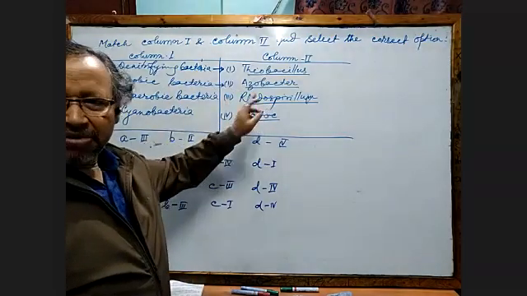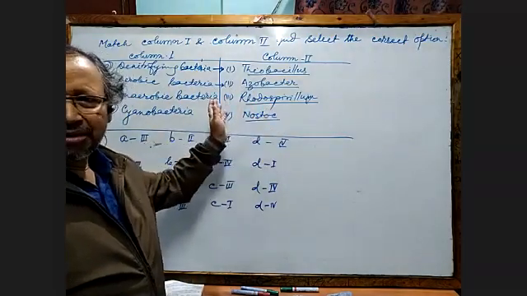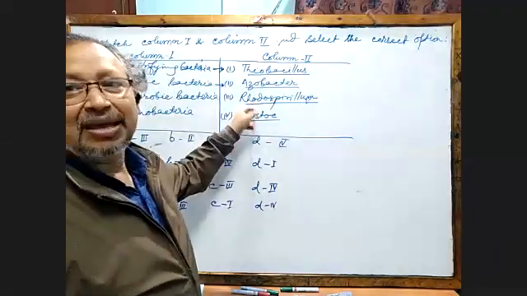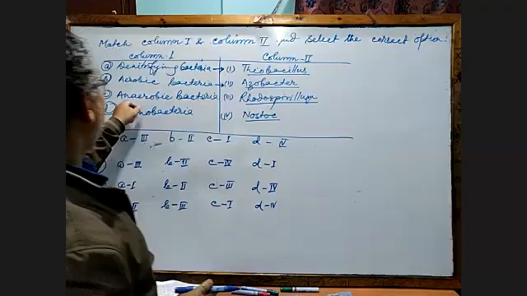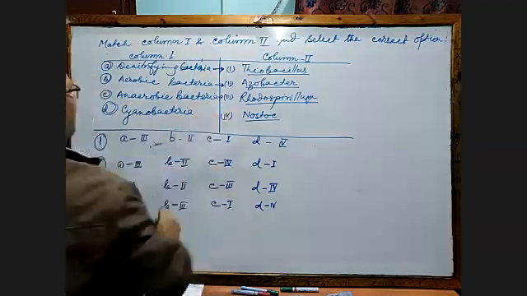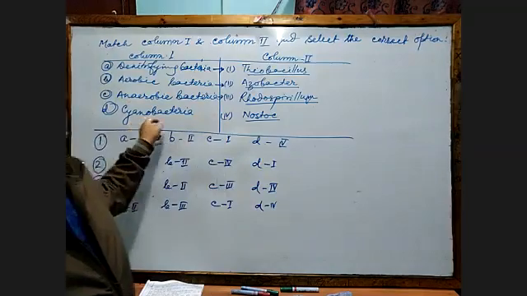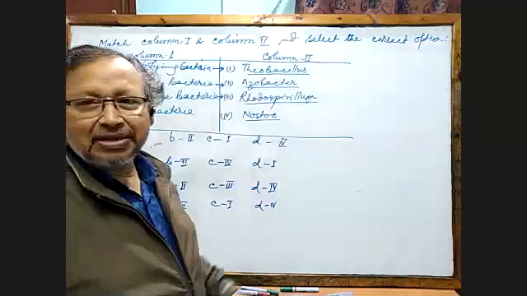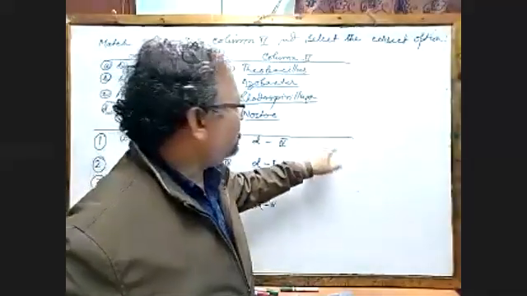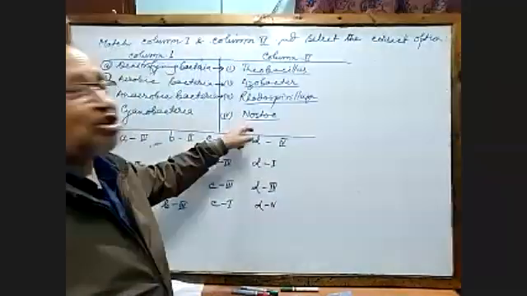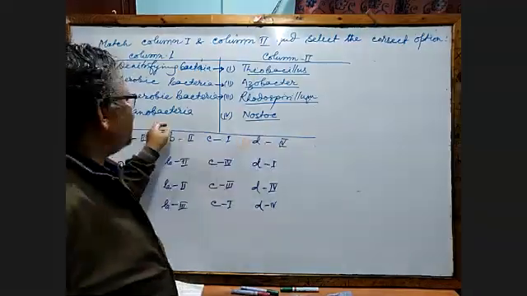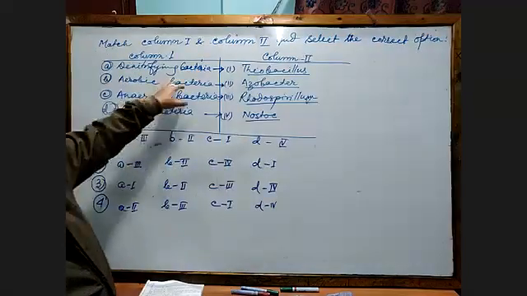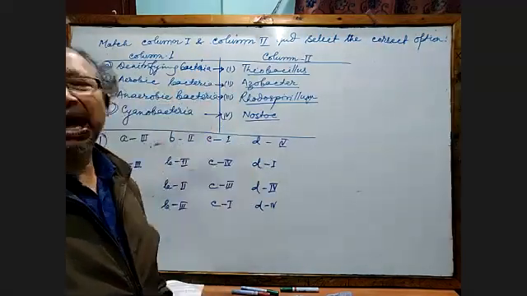Rhodospirillum, we have done already one question where we learned that Rhodospirillum is an anaerobic bacteria. This one is also correct. And this is cyanobacteria. Nostoc, I have already told that it is a nitrogen fixer, symbiotic as well as free living. Nostoc and Anabaena are cyanobacteria. So this is already matched.